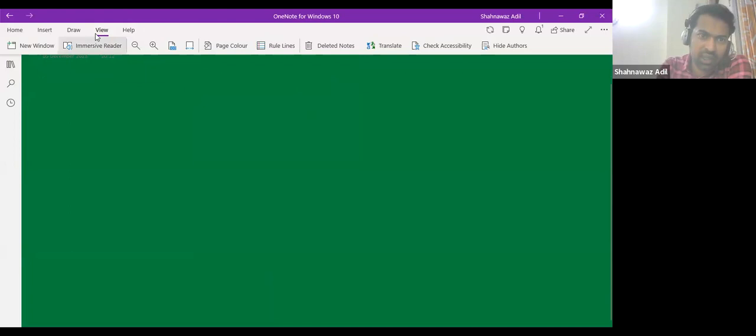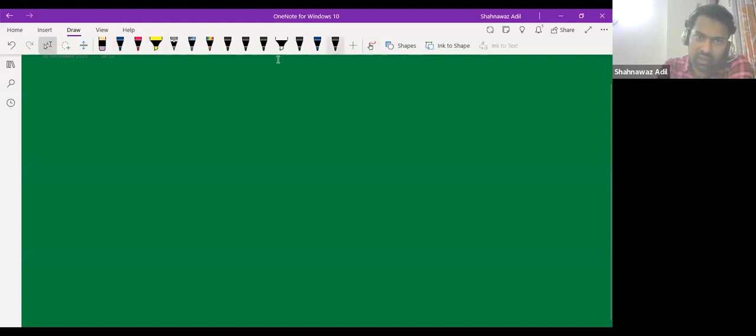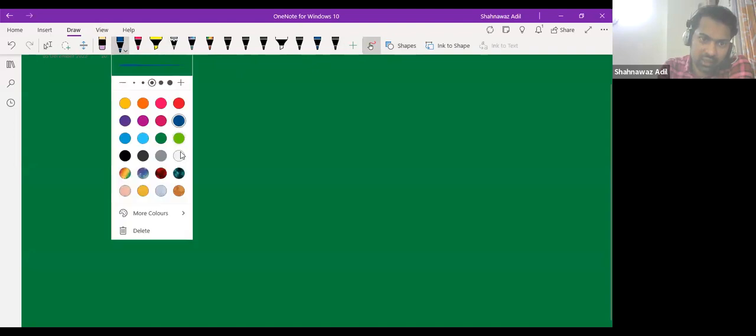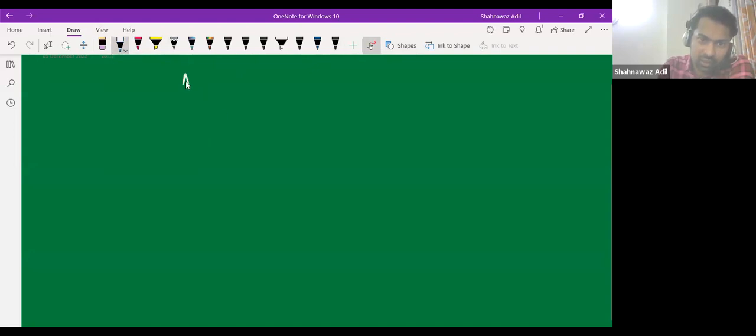So let's say that we have a right angle triangle, and it has three sides.